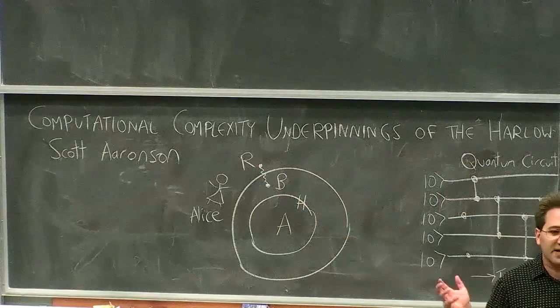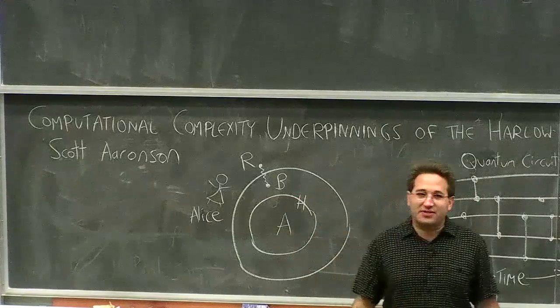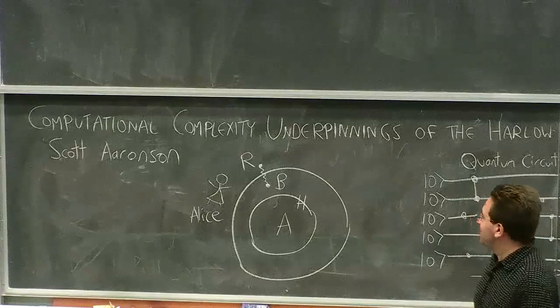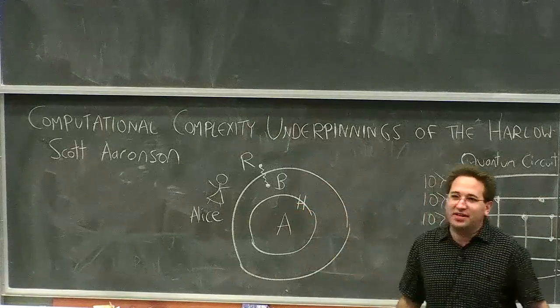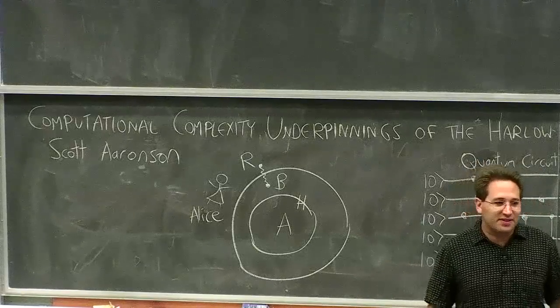In fact, maximally entangled. And this seems like a problem because quantum field theory also tells you that B should also be maximally entangled with the stuff inside, and that would violate the monogamy of entanglement.